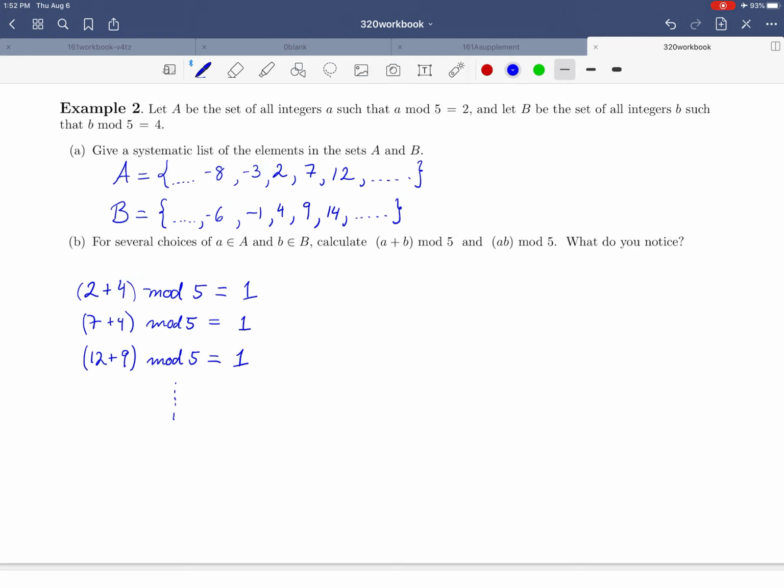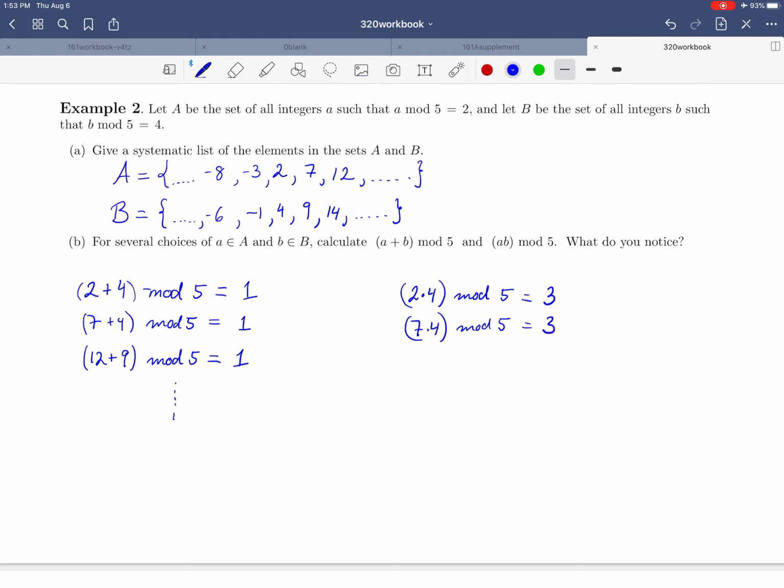Let's look at the product of the same two numbers. So 2 times 4, mod 5. 2 times 4, that's 8, mod 5 is 3, a remainder of 3. What about 7 times 4, mod 5? 7 times 4 is 28. 28 divided by 5, that is 25 plus 3.